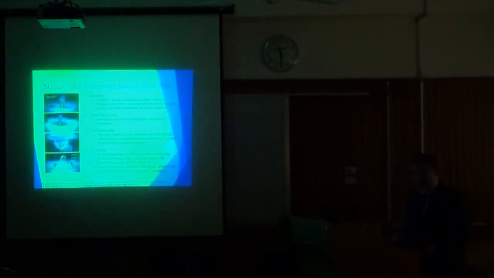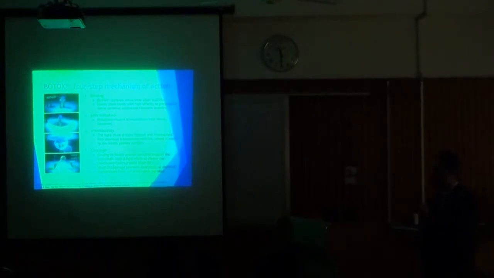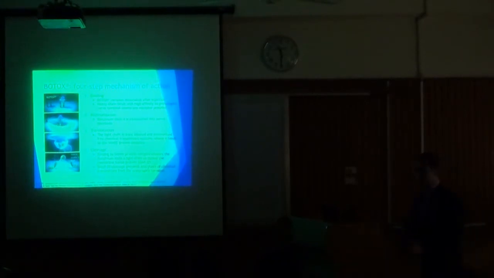How does it work? When this toxin is injected in the muscle, it diffuses in the muscle fibers and reaches the neuromuscular junction. The first step is binding. The toxin binds to the presynaptic terminal. The next step is internalization.